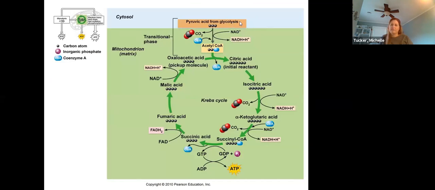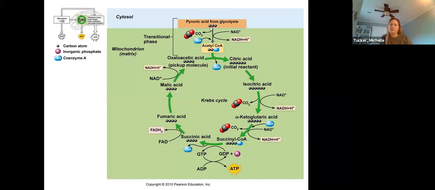So we have pyruvic acid, one of the final products from glycolysis, and we actually have 2 of them. Okay, so we're going to go through a cycle with 1 of them, and then we'll multiply those numbers by 2. So this is called the transitional phase because it's transitioning into the Krebs cycle.